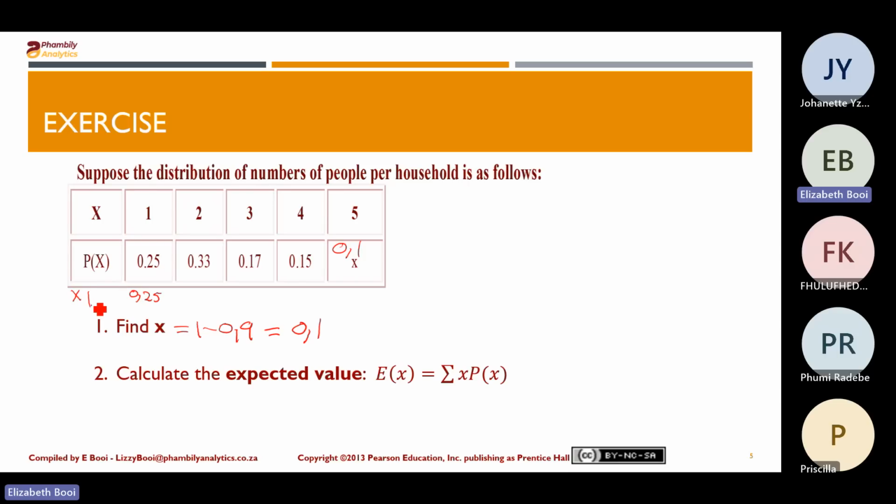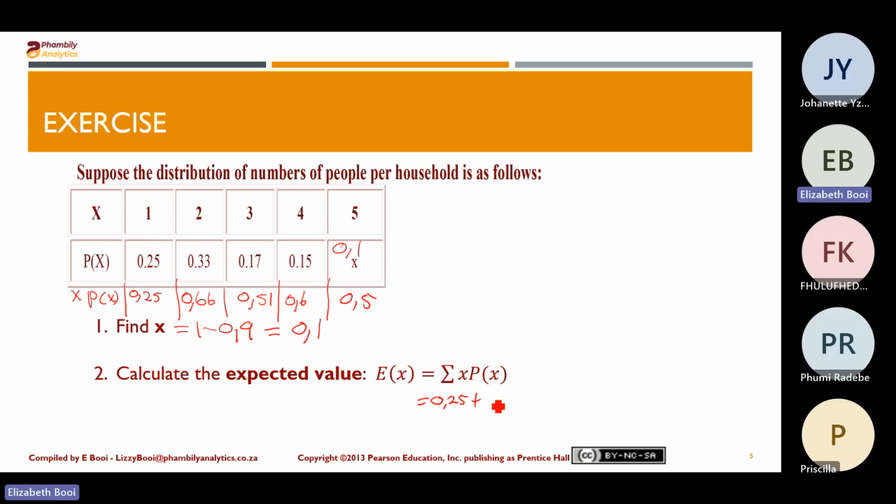So we're going to say x times the corresponding probability, and that will give us 0.25, and this will be 0.66, and 3 times 0.17 is 0.51, and 4 times 0.15 is 0.6, and 0.1 times 5 will be 0.5. Then we can just add them together.